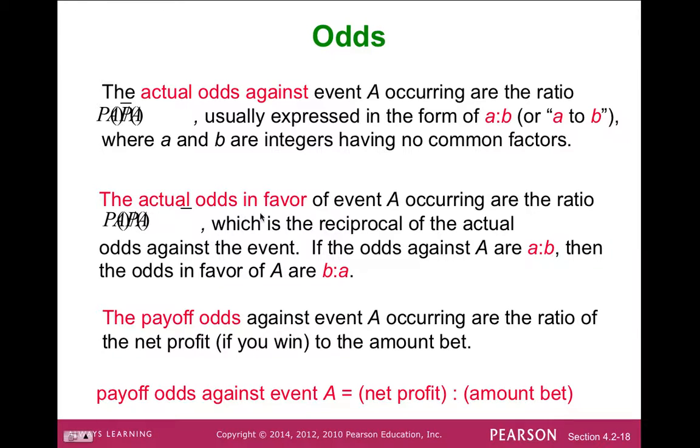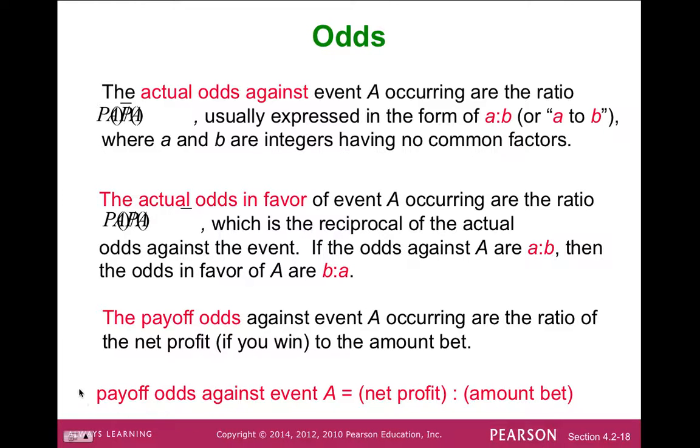The actual odds in favor of event A occurring is the ratio of the probability of A divided by the probability of not A, which is the reciprocal of the actual odds against. So these two equations are just opposites of one another. And here, if the odds against A are a to b, then the odds in favor are b to a.